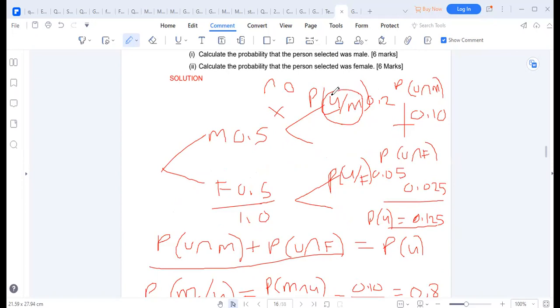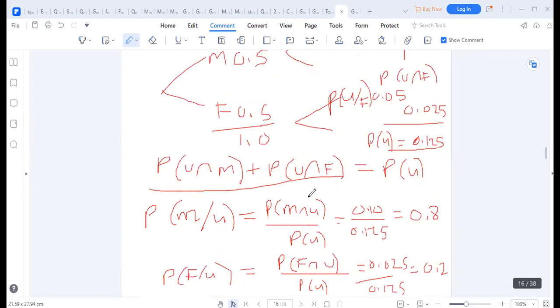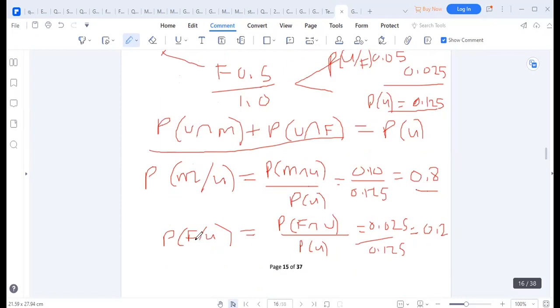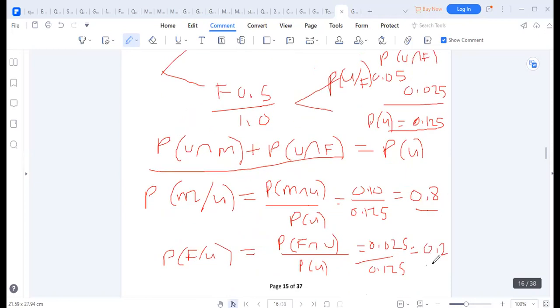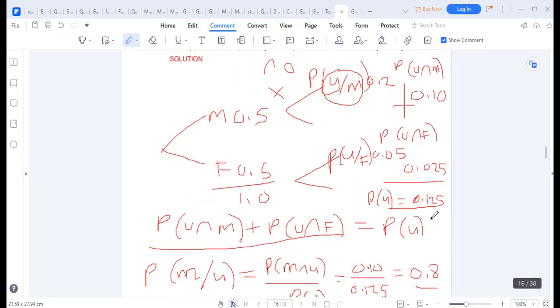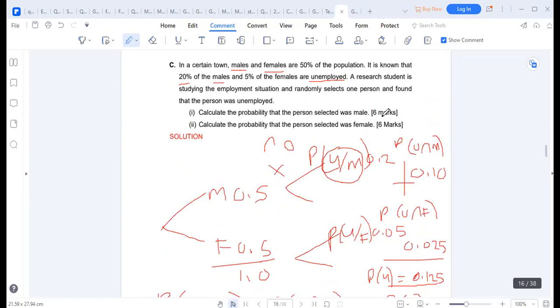If you don't want to memorize the formulas, you can even forget this. This is simply 0.10 over 0.125. We get 80%. Then sometimes you have U given F: just divide the answer. 0.025 divided by 0.125. We get what? 0.2, 20%.